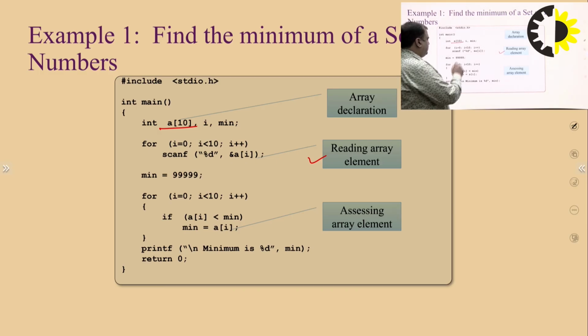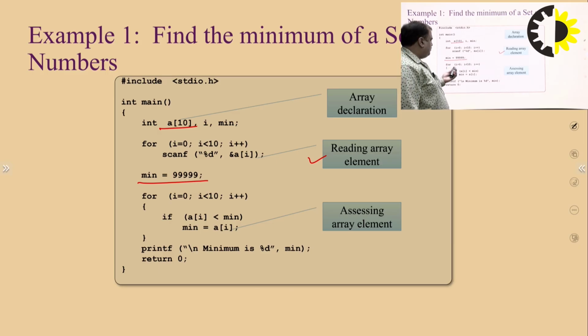This is one kind of algorithm that we can use to find the minimum element of that array. We have taken minimum as some larger value, which we are not going to take from the user. So we have taken a larger value, 99,999.